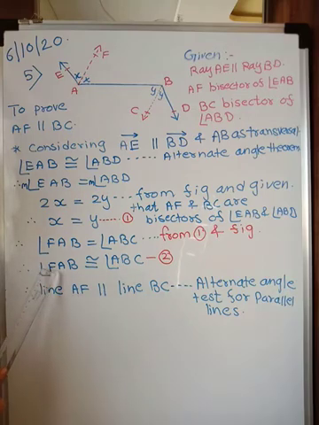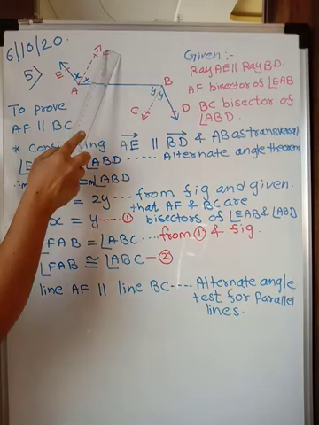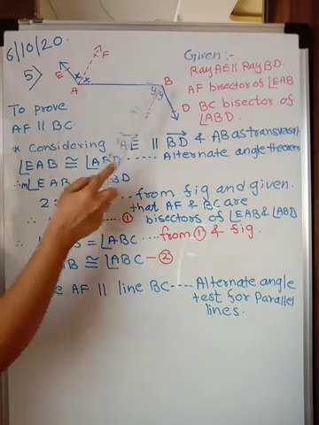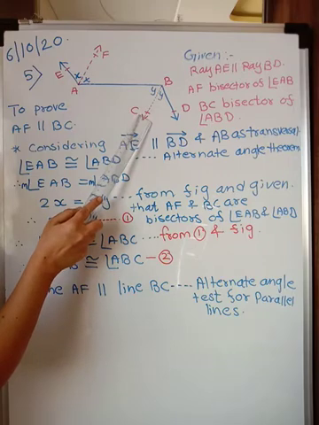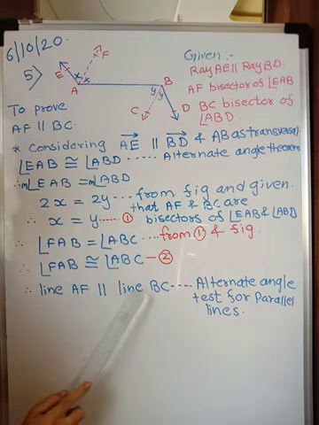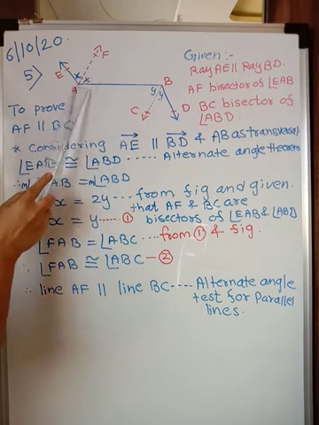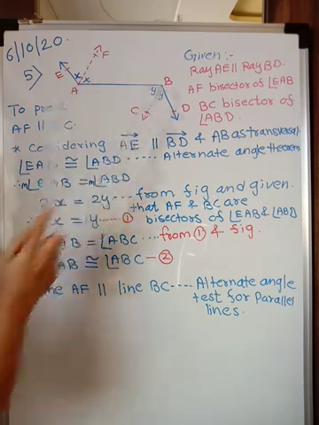Now when you prove that FAB is congruent to ABC, we write AF parallel to BC. The reason is that we are considering AF and BC as two lines and AB as transversal.